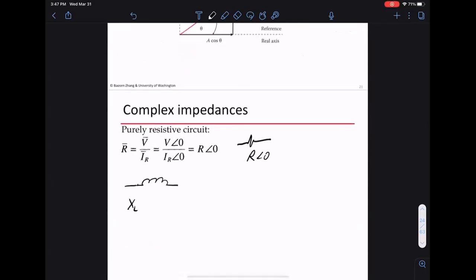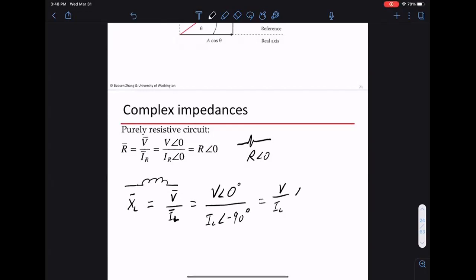Well, Ohm's law still holds. So this is V over IL. Bars here denote complex phasors. If you write this as angle, V is angle 0 degrees, IL is angle minus 90 degrees, and here you have V over IL, angle of 90 degrees.